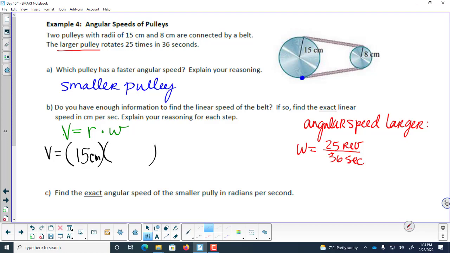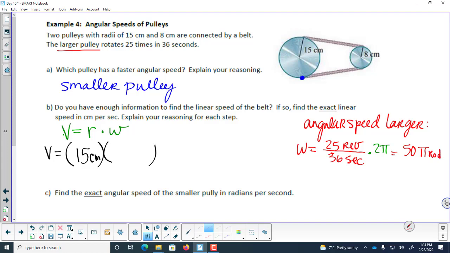Okay. All right. So angular speed has to be in radians per unit of time. I got time. How do I convert revolutions to radians? 1 revolution is how many radians? 2 pi. All you have to do is multiply by 2 pi if you know revolutions. It really is that basic. So that becomes 50 pi radians.